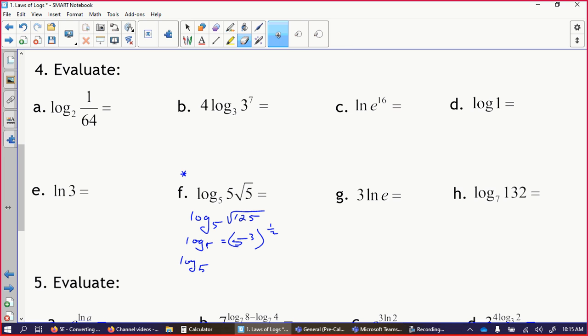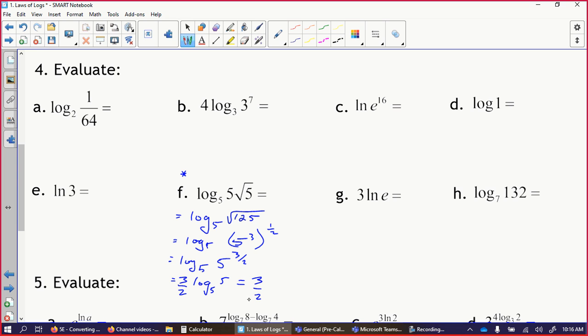Log base 5 of... I just thought of a totally different way to do that as well. 3 halves, log base 5 of 5. Well, that's going to equal 1. Those 3 halves.